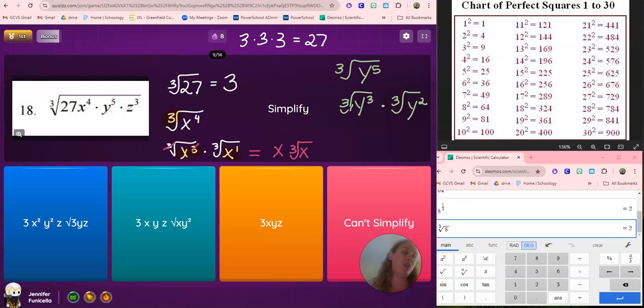Again, the cube root of y cubed cancels out, and we pull a y to the front, just like we pulled that x to the front, and we're still left with a y squared.